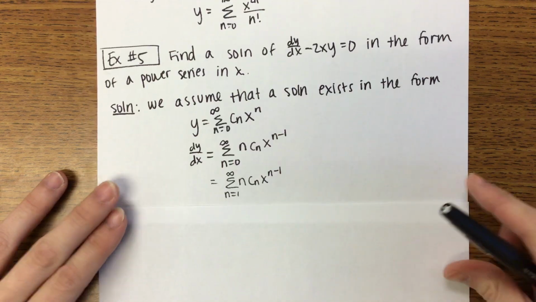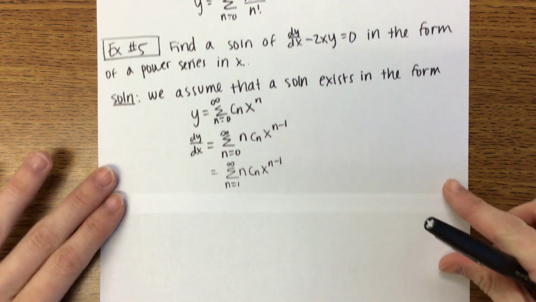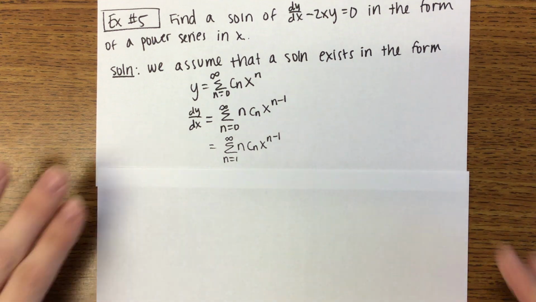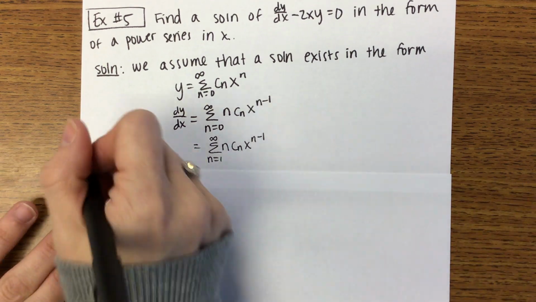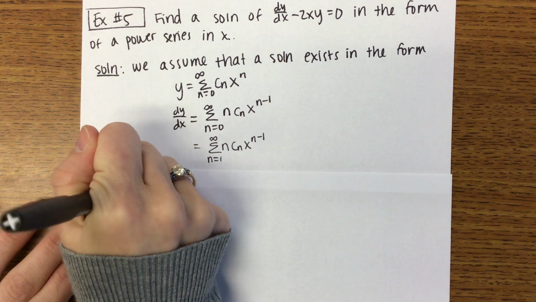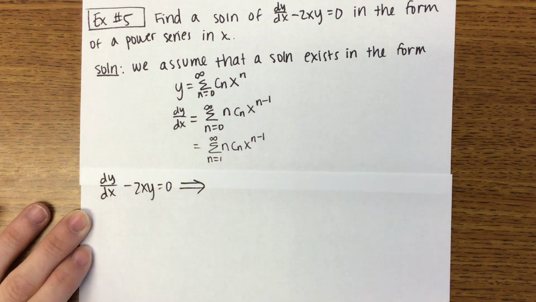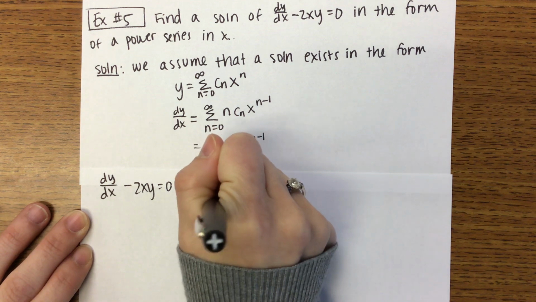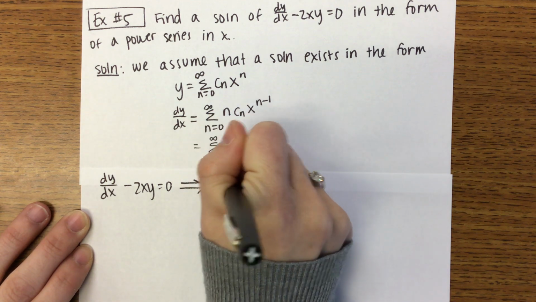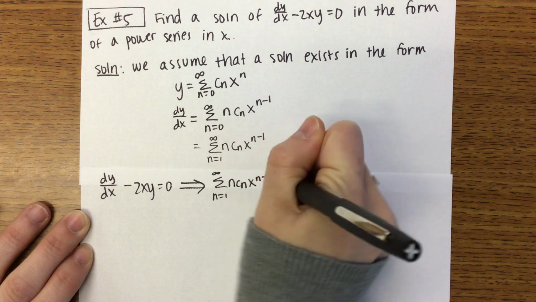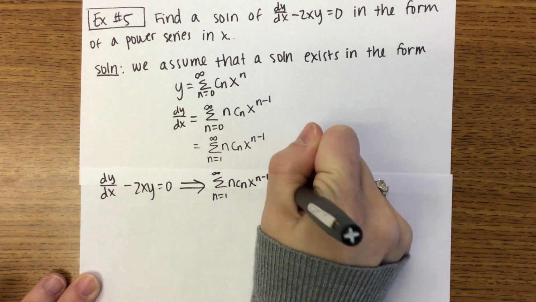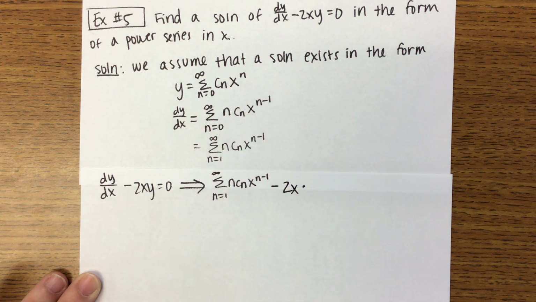Okay, so now what we're going to do is we need to substitute this back into the differential equation. So we have our dy/dx minus 2xy is equal to 0. So we get the sum from n equals 1 to infinity of n c_n x to the n minus 1 minus 2x times y.